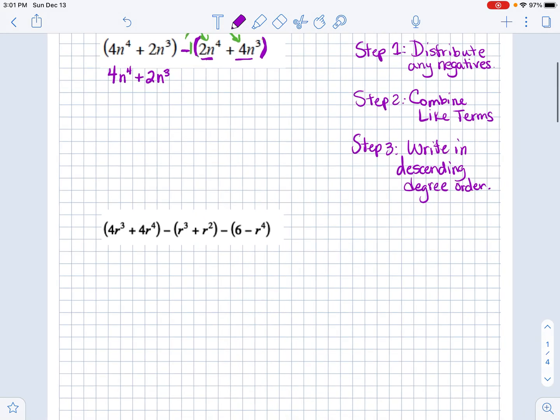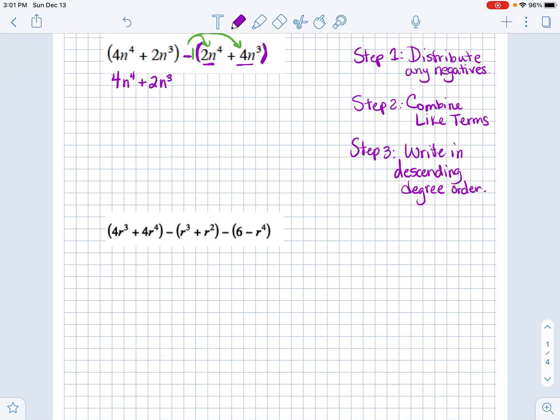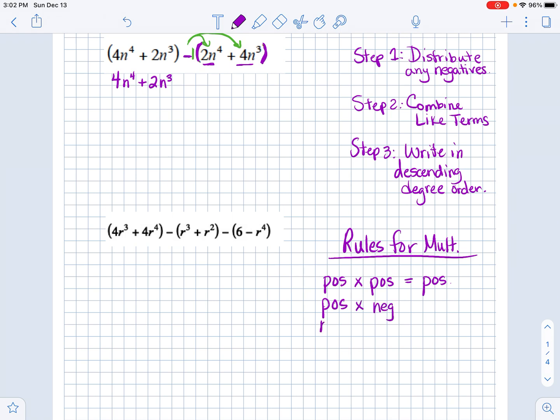Why? Well, let's just recall for a second our rules for multiplying integers, rules for multiplying positive and negative numbers. If we have a positive times a positive, that's going to be equal to a positive. If we have a positive times a negative, or if we have a negative times a positive, those are going to be equal to a negative.